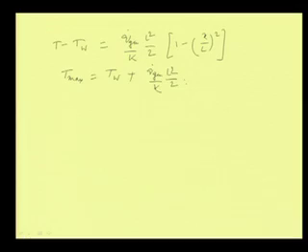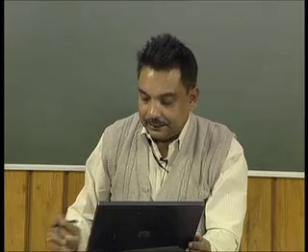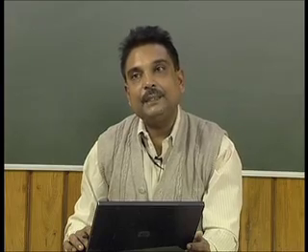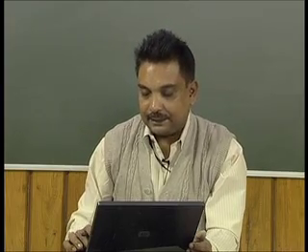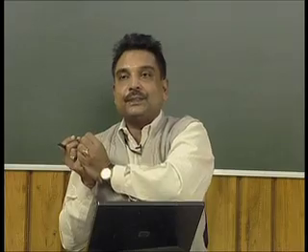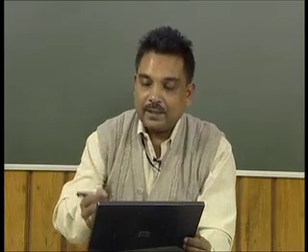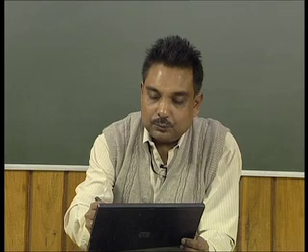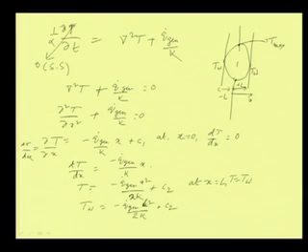Now, it may happen the other way around, that in place of having a heat generation, there can be heat depletion, that means heat is coming down. That means heat removal has taken place. Under that situation, it will be just opposite to this. So, it will pass through a minima.